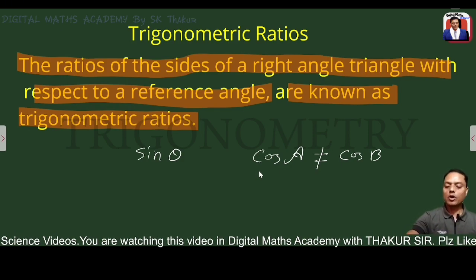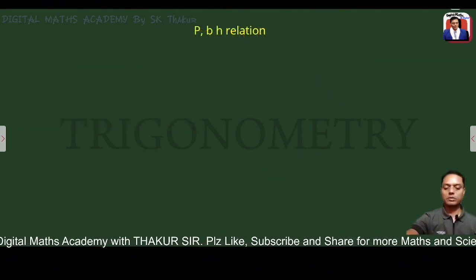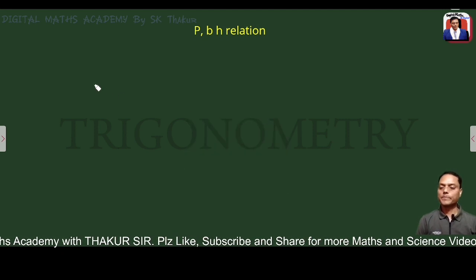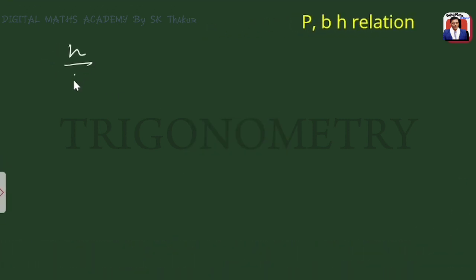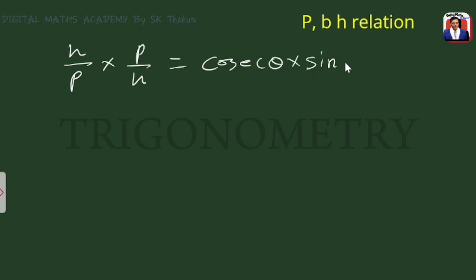Now the relation among P, B and H. As we have seen, H by P is cosec and P by H is sin. So cosec theta into sin theta equals 1, or sin theta into cosec theta also equals 1.